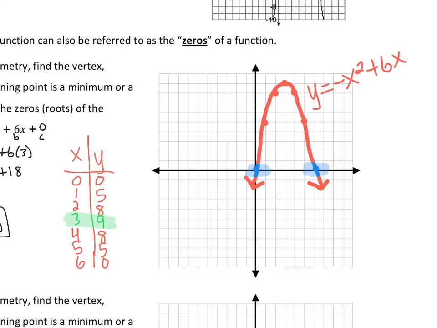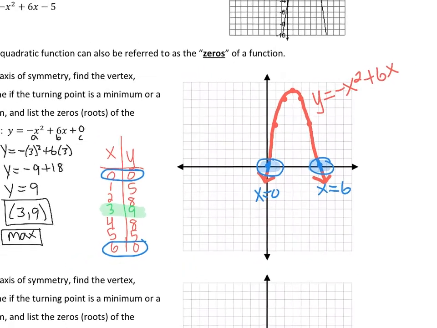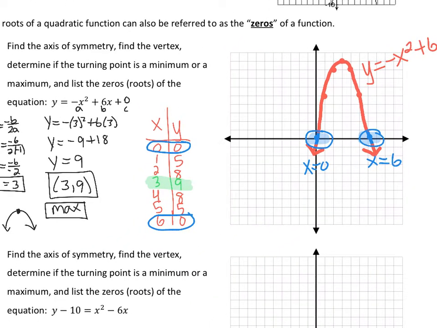So the x value here is 0, and the x value here is 6. And that is noted in our table where our y value is 0. So when our y value is 0, those are referred to as zeros or roots. And again, it's specifically y.